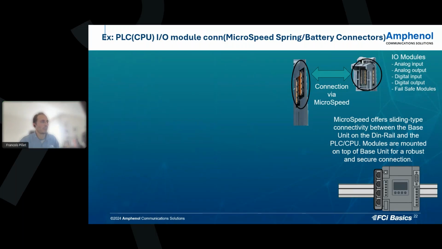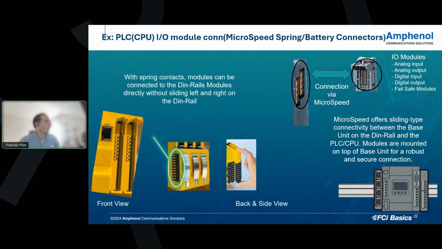This is one approach. But in some panels, due to the architecture, the addition of modules is done from the front side. That means the operator inserts the additional modules from the front and not by sliding, because he doesn't have access or has limited space. That's why we want to address these challenges through different types of connector solutions.